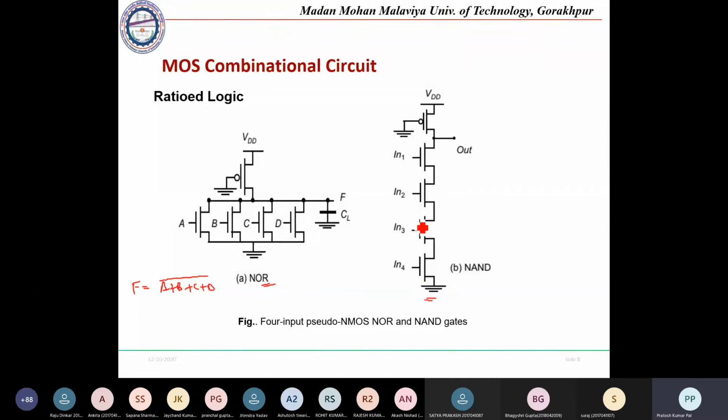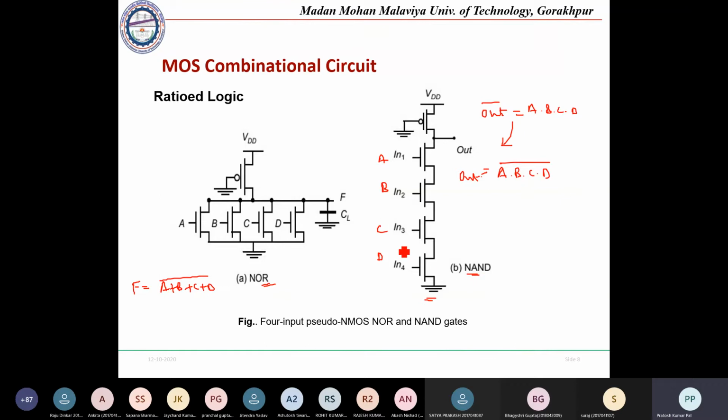So A, B, C, and D will be there, and the output will be A dot B dot C dot D. Whatever output we consider should be the logic with the bar, so output bar should equal A dot B dot C dot D. After switching it, it looks like a NAND gate directly.